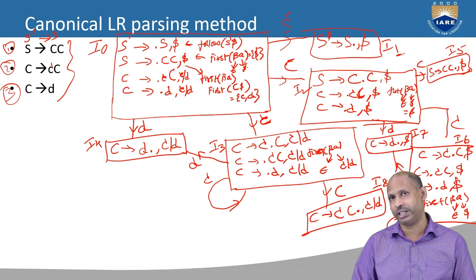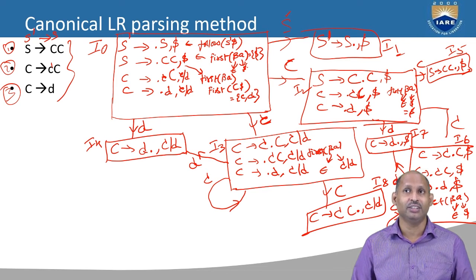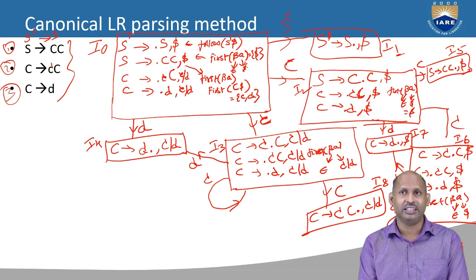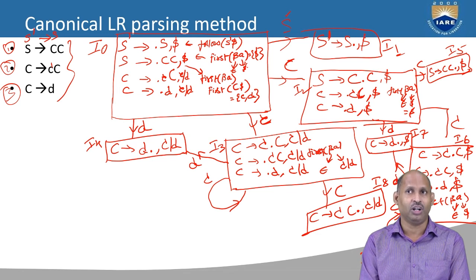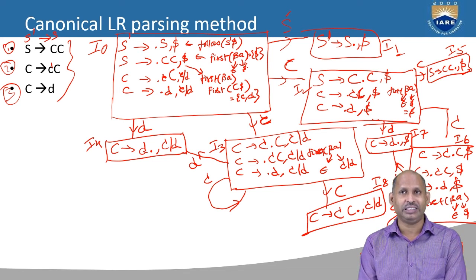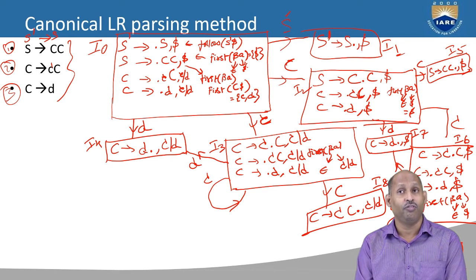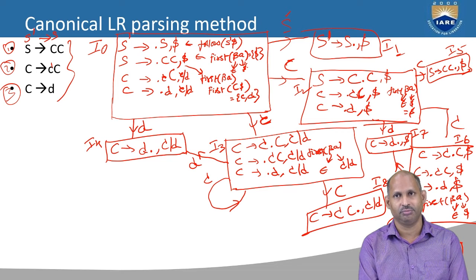How to determine the locate symbol. For the first production, to find the locate symbol, we must consider follow of the root followed by dollar sign, which always consists of dollar sign. So simply we say the special production S dash gives dot S followed by a dollar sign.